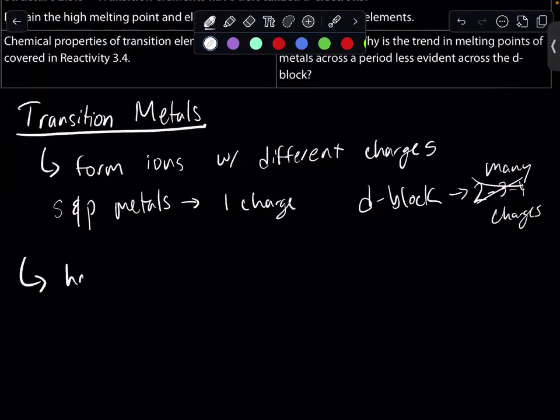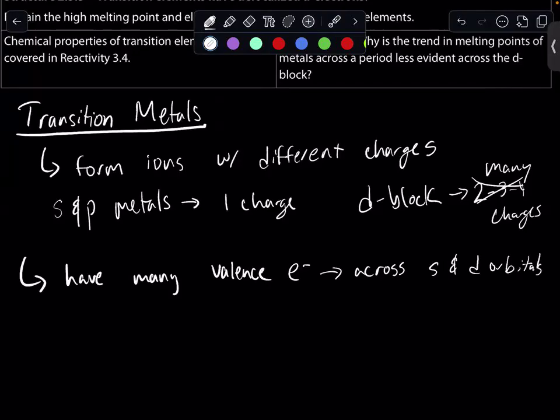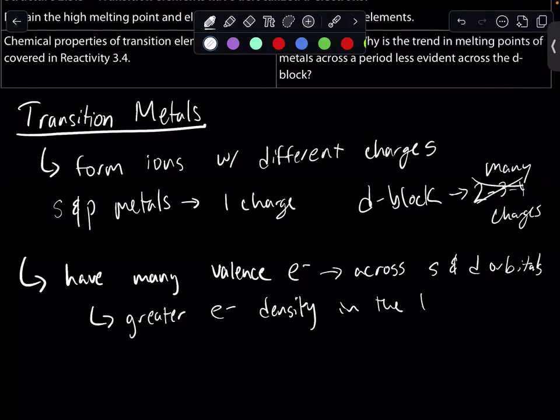Furthermore, they have many valence electrons because we also include these d orbitals. Due to those many valence electrons, across the s and d orbitals, we can have a greater electron density in the lattice.